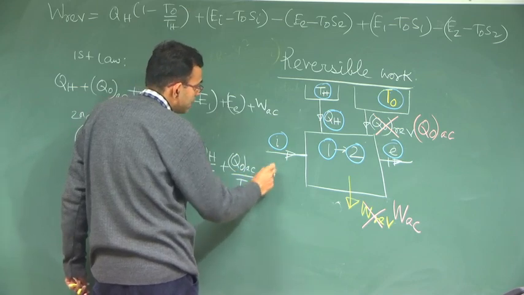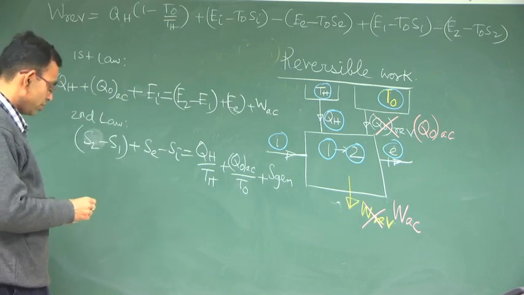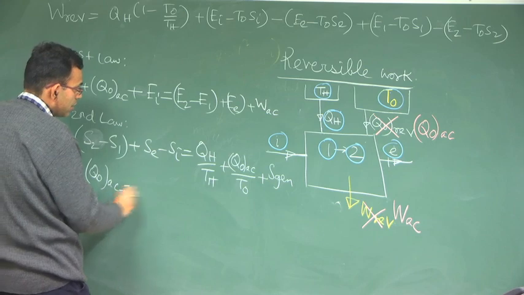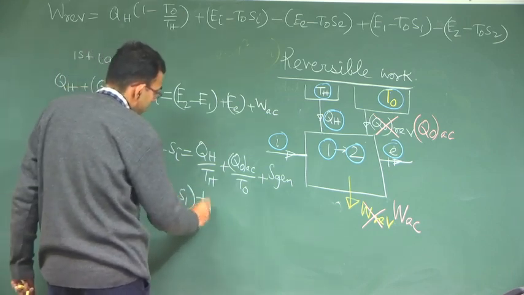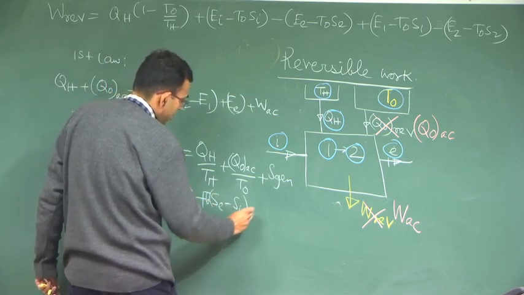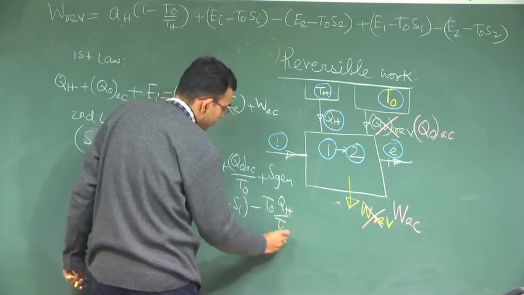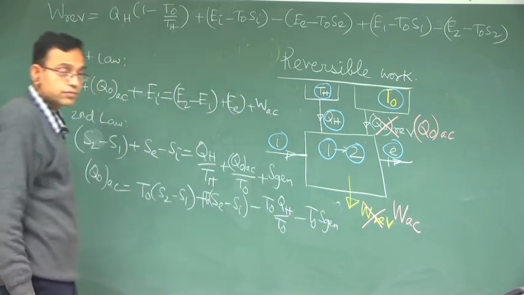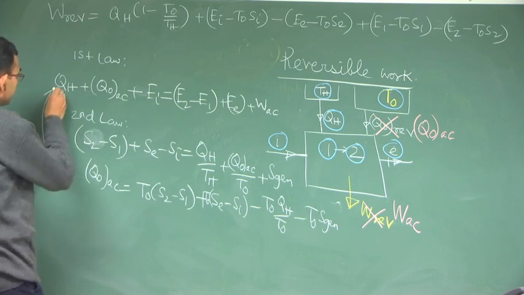Now, there will be entropy generation because of irreversibility, right. So, you can eliminate Q0 actual as T0 into S2 minus S1 plus T0 into SE minus SI minus T0 into QH by TH minus T0 into entropy generation. Okay. You substitute that here.